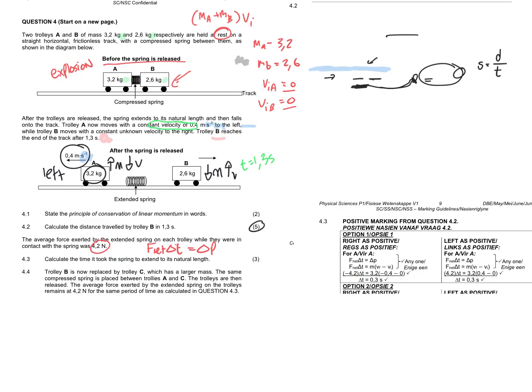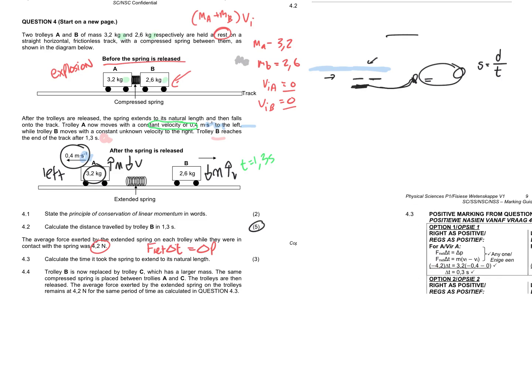Why is the 4.2 negative in this case? Why is the 4.2 positive in this case? So if we continue with the fact that the right is positive. If we continue with right being positive. So again, I did tell you the momentum questions, the direction is incredibly important. The numbers that we are using here are all for trolley 1 or trolley A. These numbers are for trolley A, and trolley A is moving to the left.